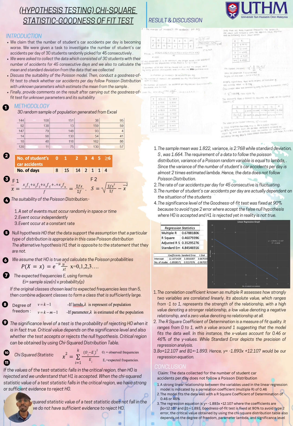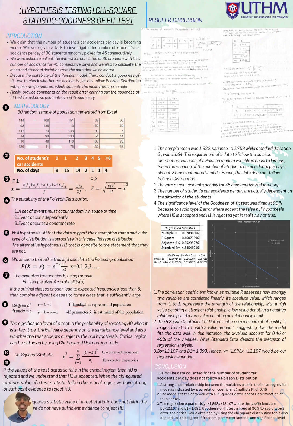For example, if a student has had a previous accident, they may be less likely to have another accident in the future. This means that the number of accidents one day may depend on the number of accidents on the previous day, which violates the independence assumption of the Poisson distribution.